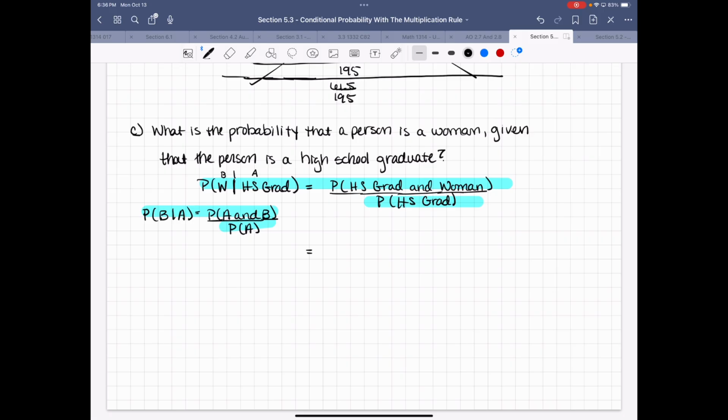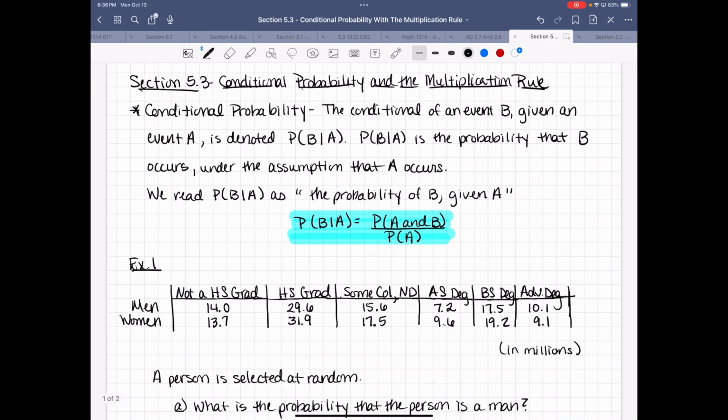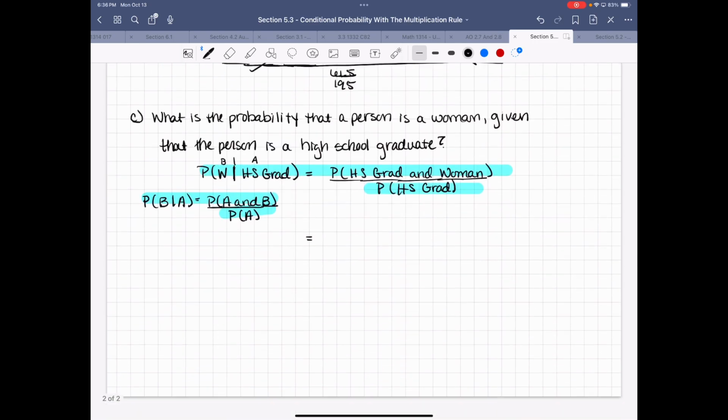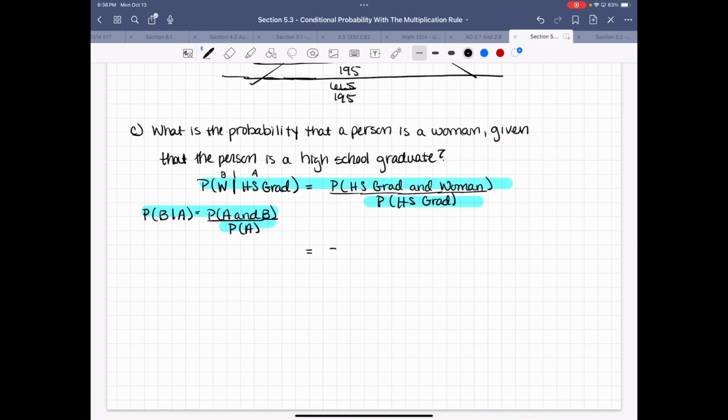So we have to find the probability that you're a high school graduate and you're a woman. Well, we can pick that out from the chart, guys. If I'm a high school graduate and I'm a woman, how many of those were there? 31.9, right? It was that simple. So this is 31.9 over the 195.